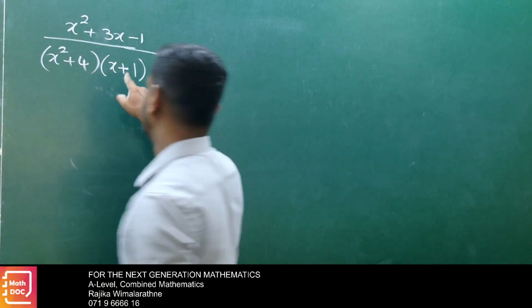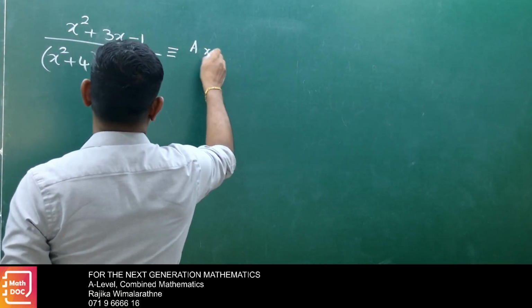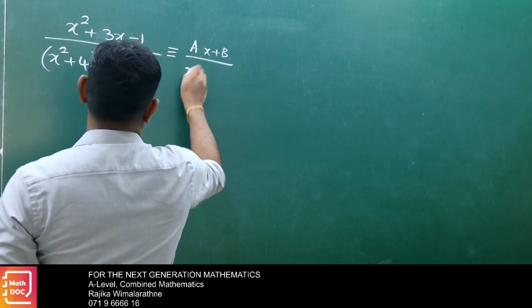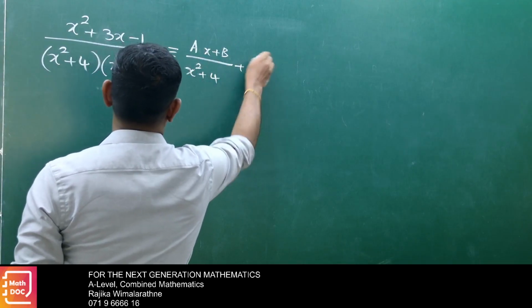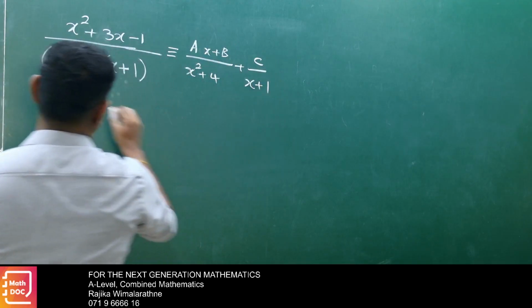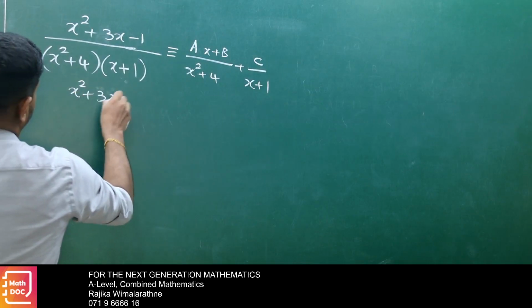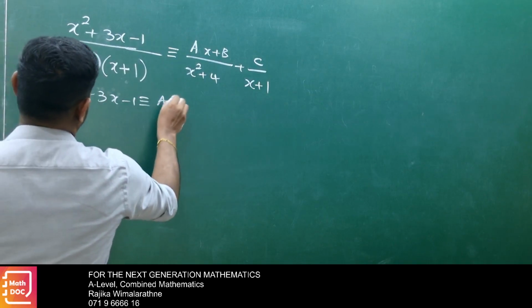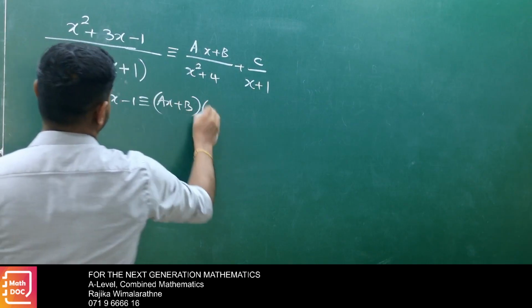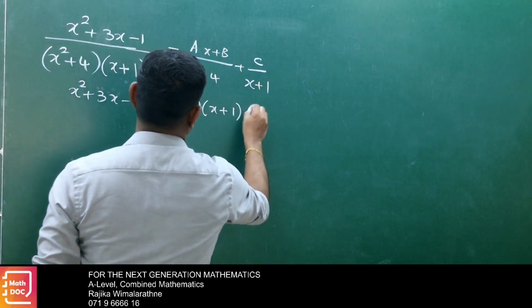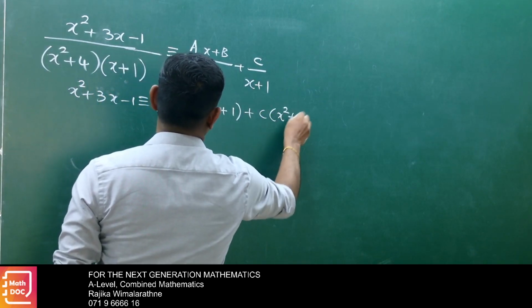Here a quadratic one and a linear one: (ax plus b) over (x squared plus 4), c over (x plus 1). Then x squared plus 3x minus 1 equals (ax plus b) times (x plus 1) plus c times (x squared plus 4).